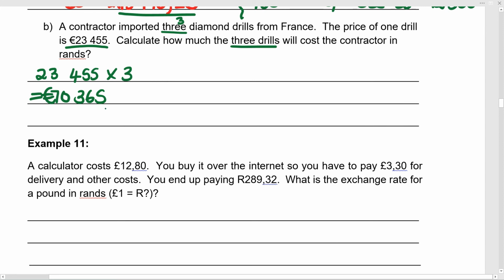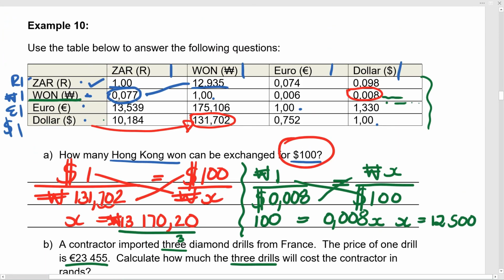Now I need to convert my euro into rands. So let's have a look at the exchange rate table. Right, so let's go euro to rands. It's easier to do using this column, as you probably saw in the previous example. We want to convert euro into rands. 1 euro gives me 13.539 rands.